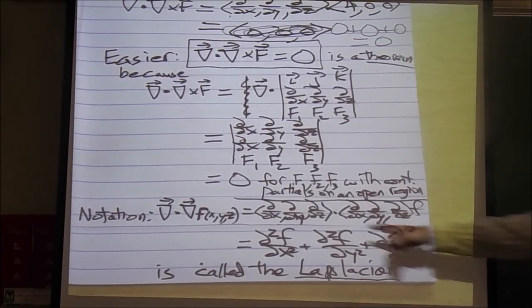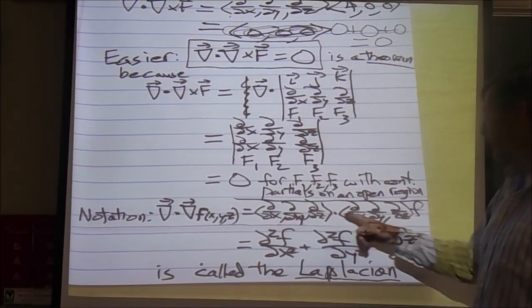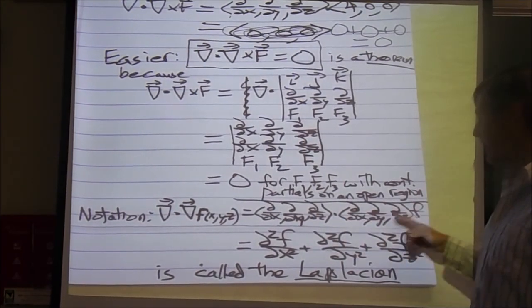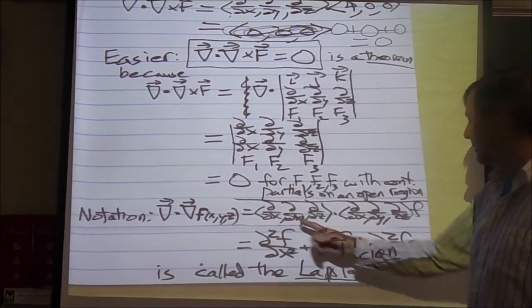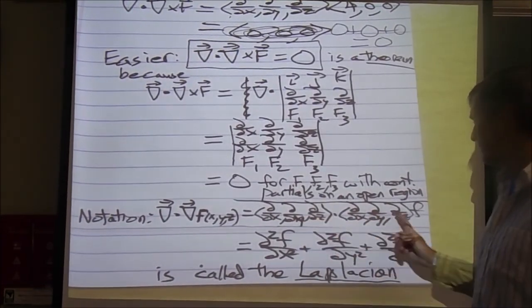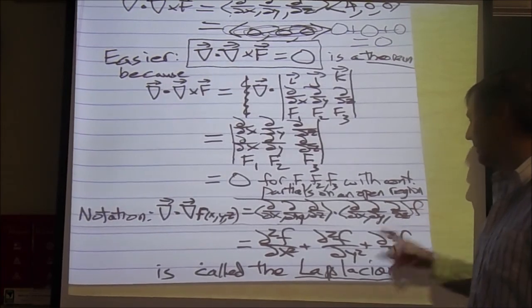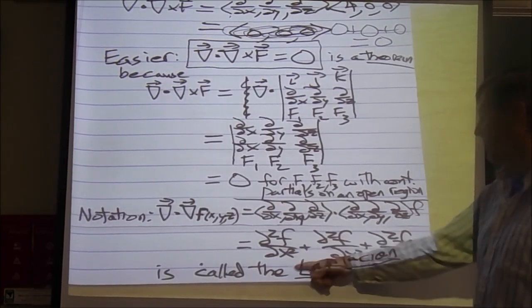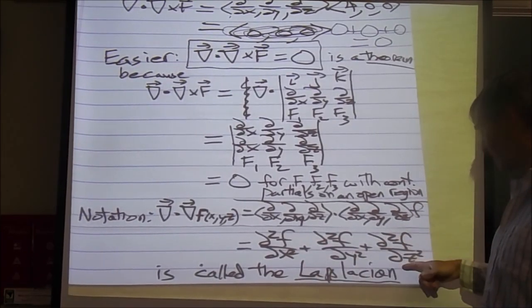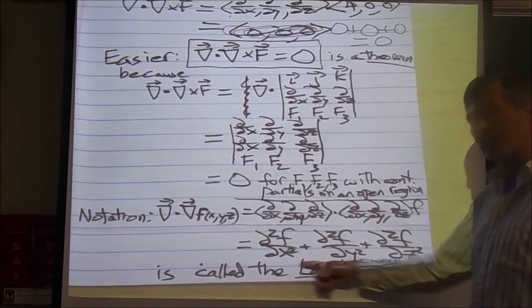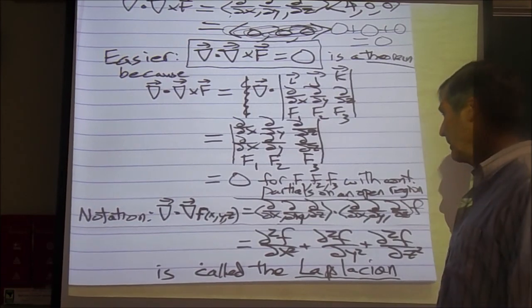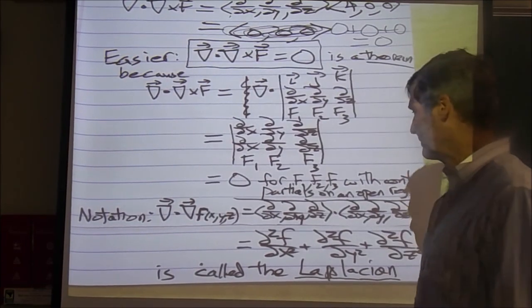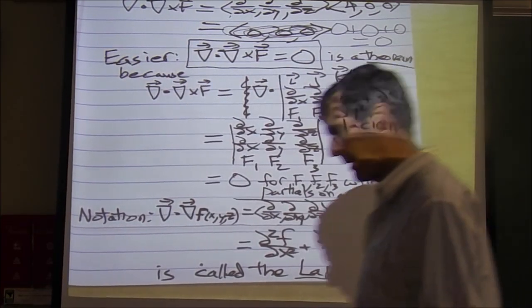Taking d/dx, d/dy, d/dz dot d/dx, d/dy, d/dz gives you d squared/dx squared, d squared/dy squared, and d squared/dz squared, all operating on f. That gives you d squared f/dx squared plus d squared f/dy squared plus d squared f/dz squared. It's called the Laplacian of f, and that will turn out to be very important in later applications.